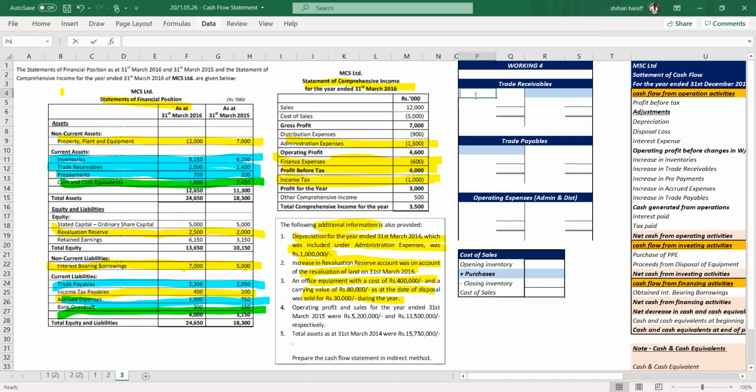Trade receivables: opening balance, closing balance, sales, and cash. Trade payables: opening balance, purchases.